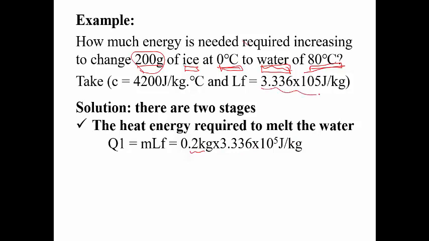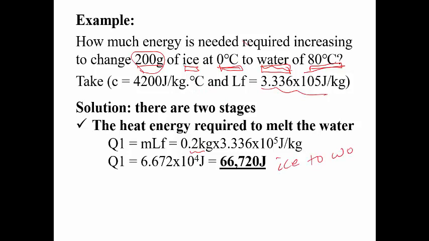That is latent heat of fusion, and the product of this gives us 6.672 times 10 to the power of 4 joule, or 66,720 joule. This is the energy required to change 200 gram of ice to water.